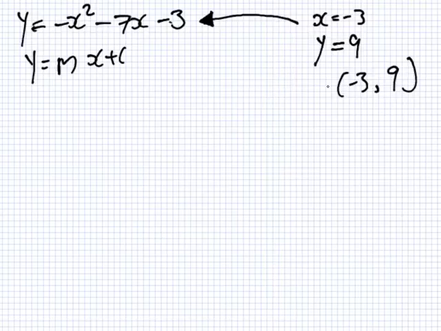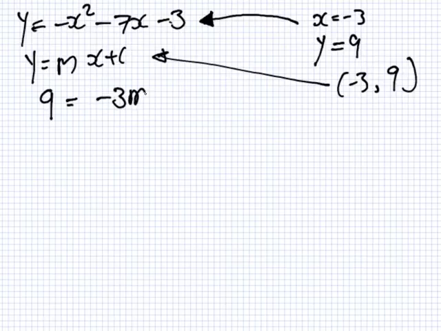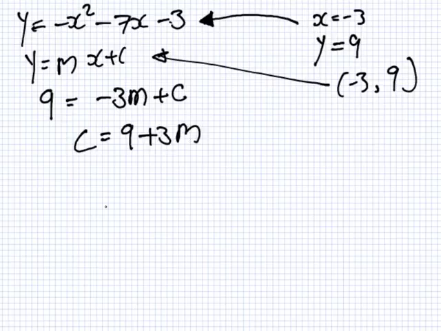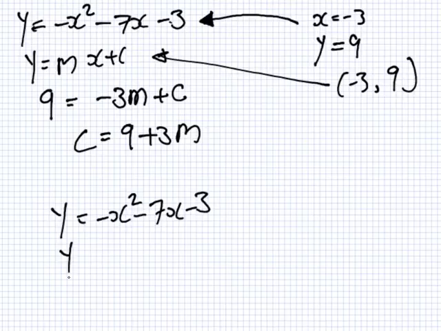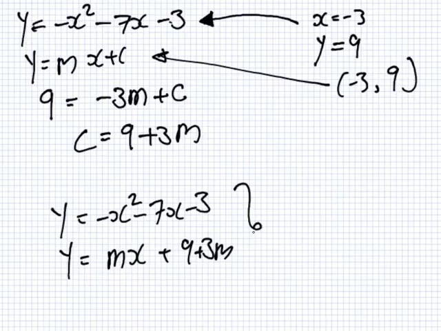Nine. Okay, we'll put that point in and we get 9 equals minus 3m plus c. So what does c equal? 9 plus 3m. So now I have y equals minus x squared minus 7x minus 3 and y equals mx plus 9 plus 3m. How many answers should there be here? Just one.